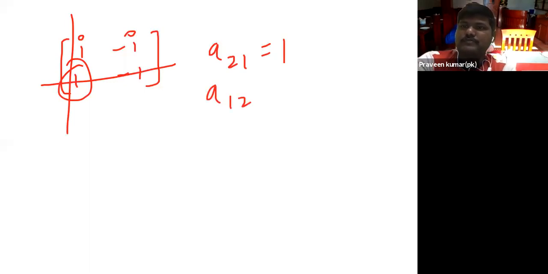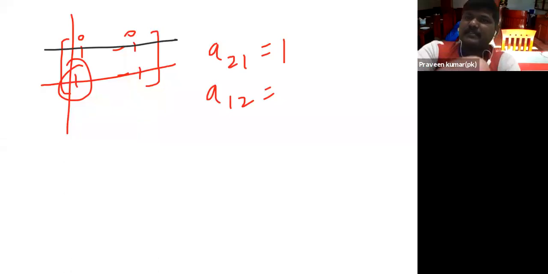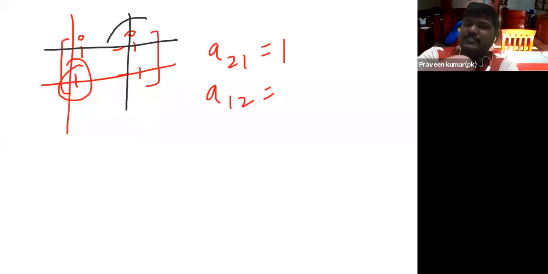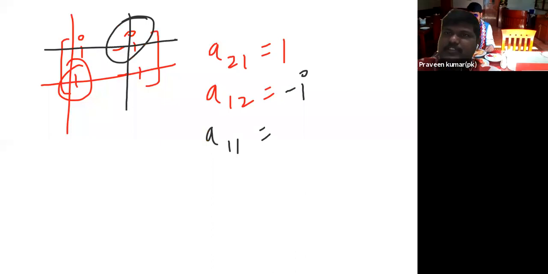What is A12? First row, second element. No confusion. So for understanding, just first row, second element. Minus 1 now. What is A11? First row, first element. First row, first element is 1 only, no?